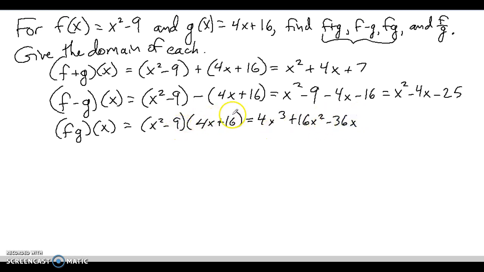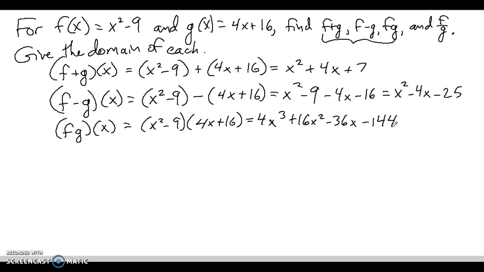And -9 times 16 is -144. And so this 4x cubed plus 16x squared minus 36x minus 144 is f times g of x.